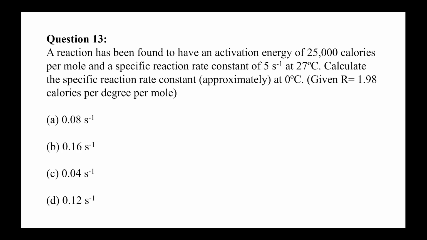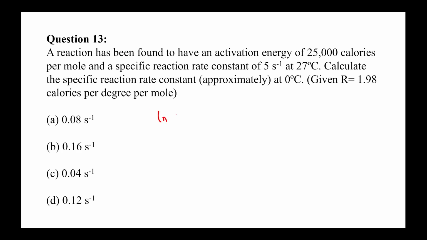So in this question we have to use a different formula. We have the activation energy given and we have the rate constant given for a particular temperature, and we have to find the rate constant at a different temperature. So there's another formula.